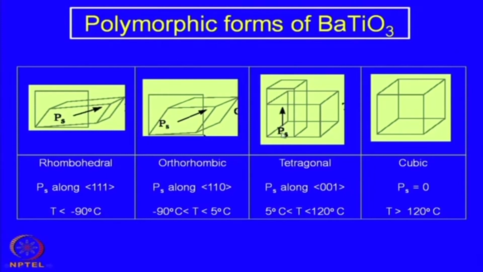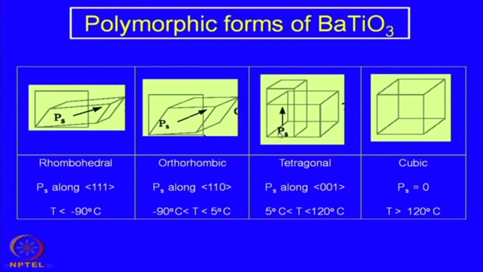So, this is the direction of the polarization, okay, which I have seen earlier. The dipole moment is along the vertical direction of the unit cell. So, there is a tetragonal distortion here, and the PS is along the 001 axis. This is the 001 direction.